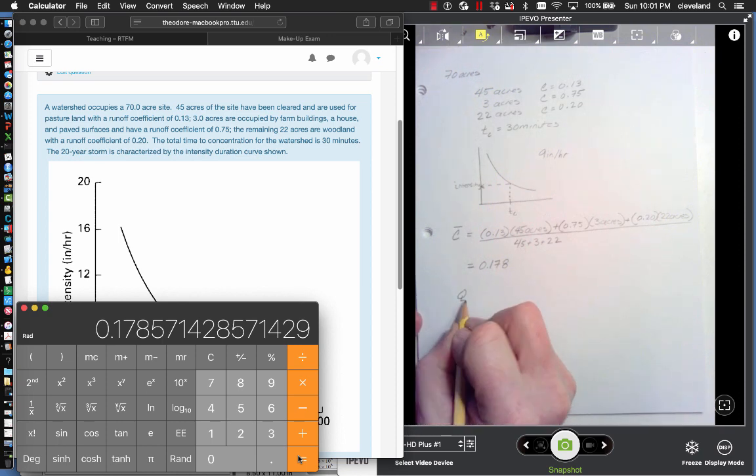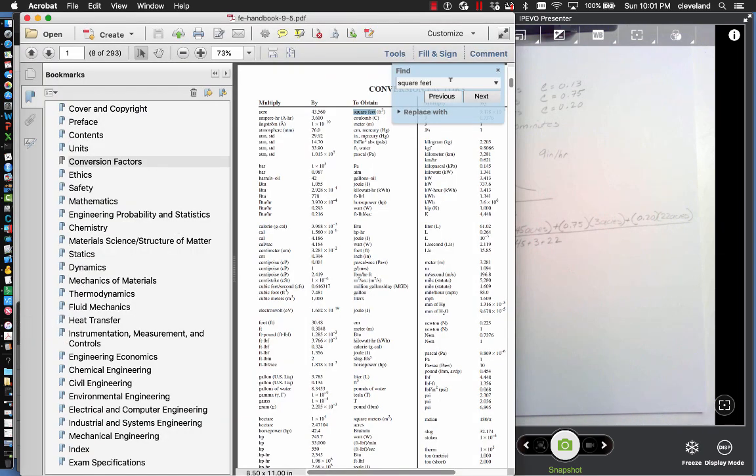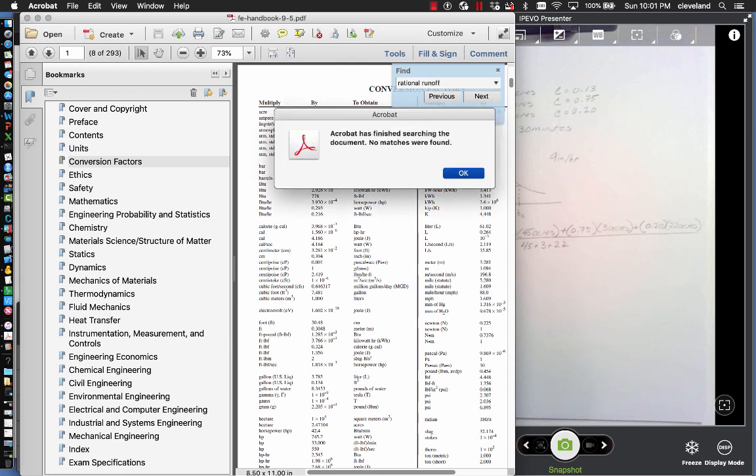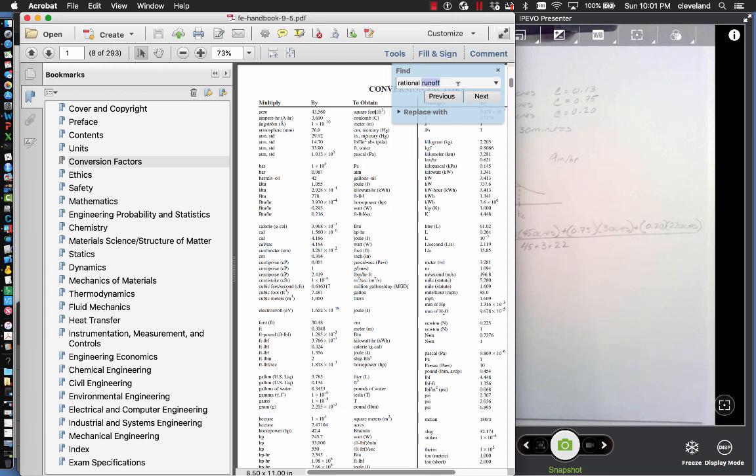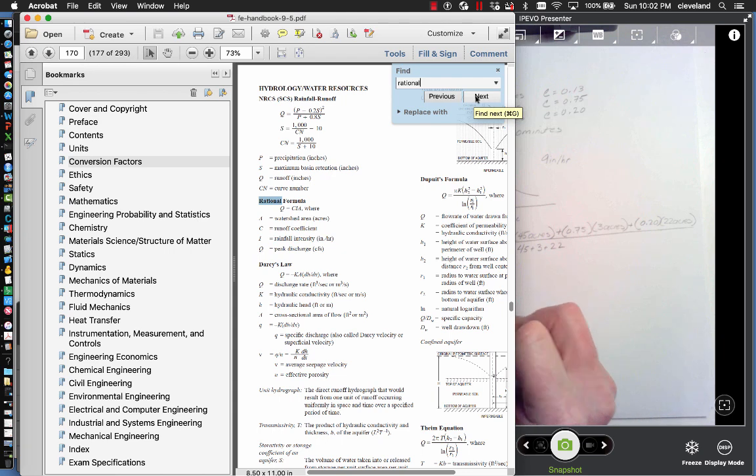Now we can apply the rational formula. Q equals CIA.